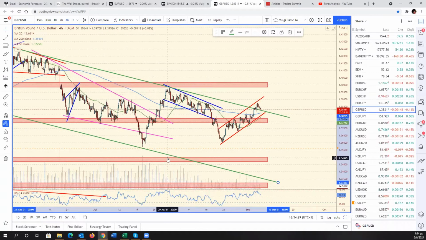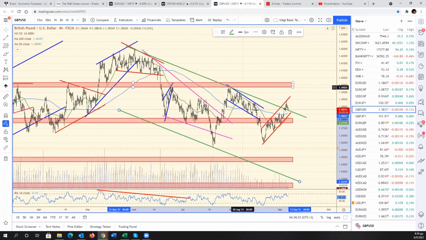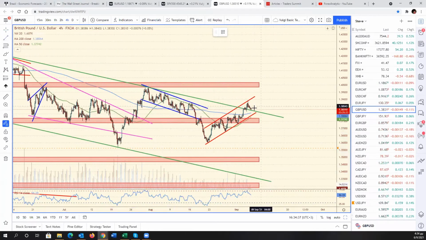Mostly care about resistance, as you understand here, right? Now, if this proves to be a legitimate breakout, we need to see this moving higher from here, right?